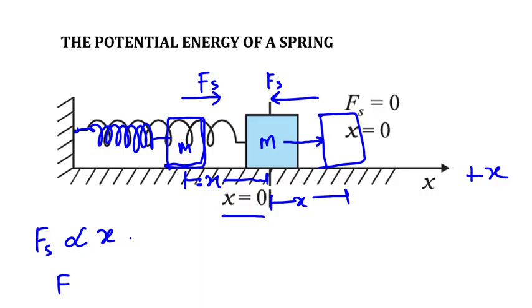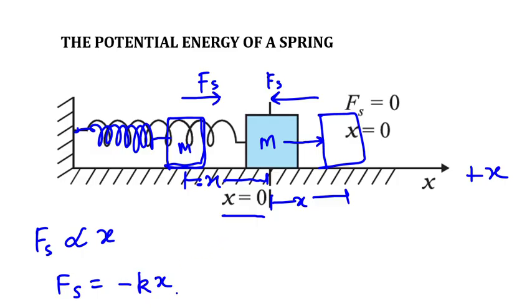We can check this experimentally. If we want to remove this proportionality sign, we have to add a constant, the constant of proportionality, times x. And we are discussing things in a one dimensional scenario here, so the direction can be taken into account by just using a positive or negative sign.